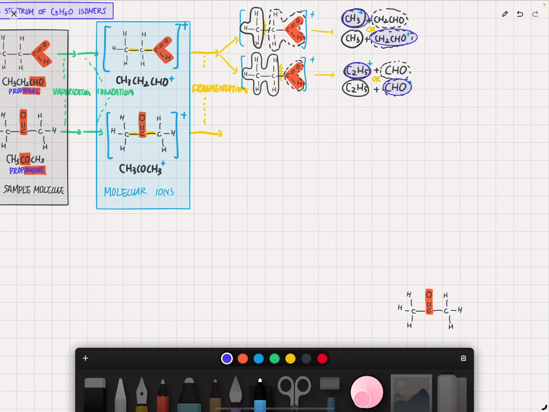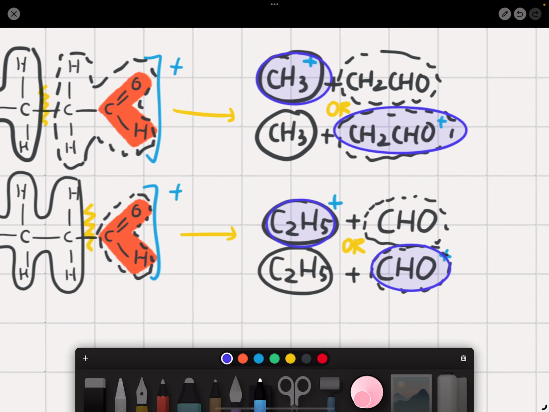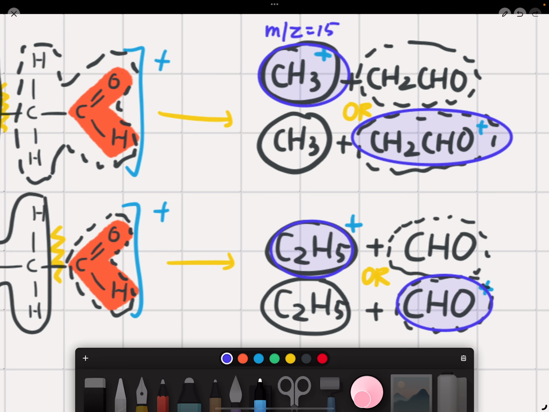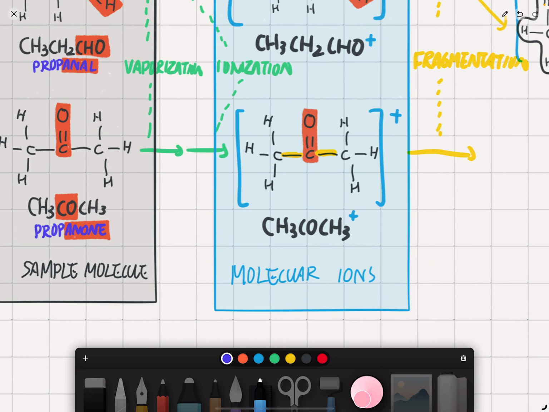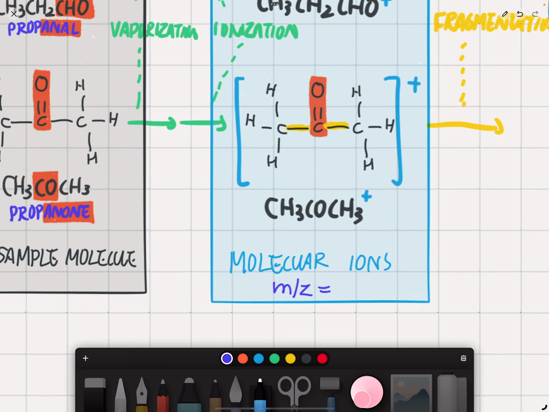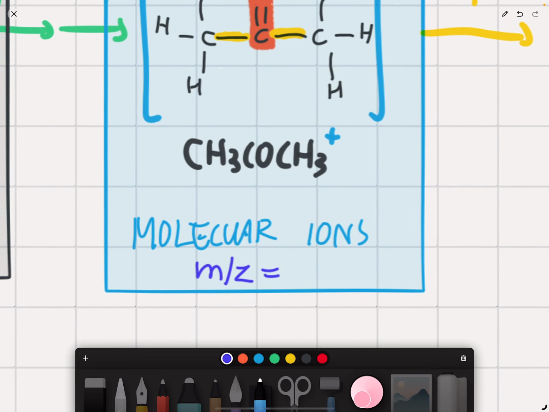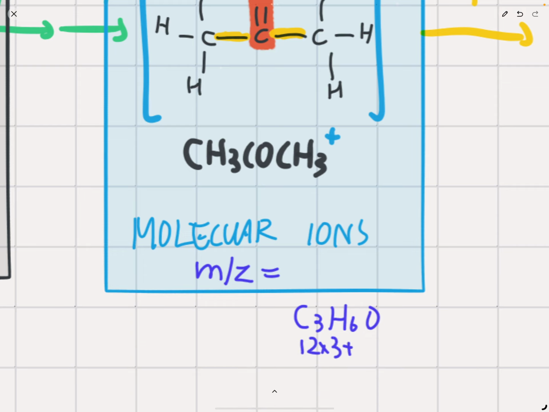So what are their mass to charge ratios? Make sure you stop the video to actually calculate the mass to charge ratio. The mass to charge ratio of this molecular ion here, because it's C3H6O, should be 12 times 3 plus 1 times 6 plus 16, so 36 plus 6 plus 16.